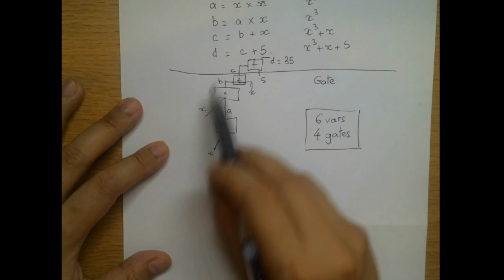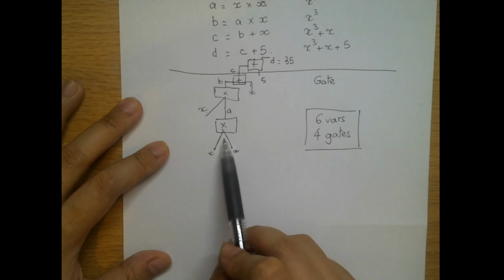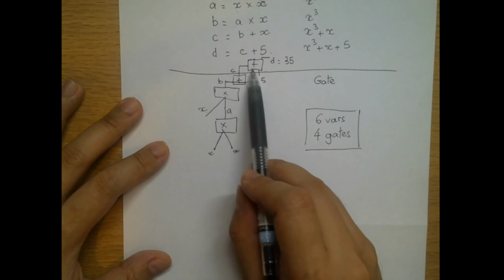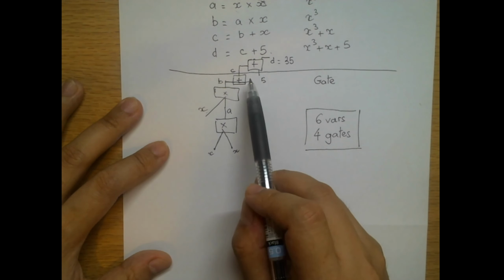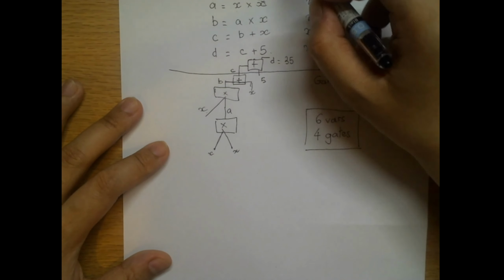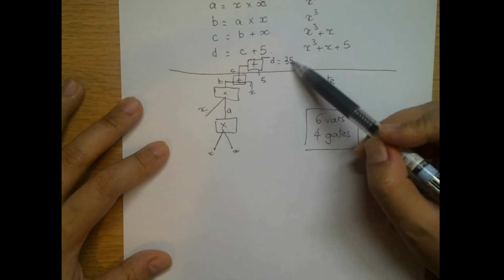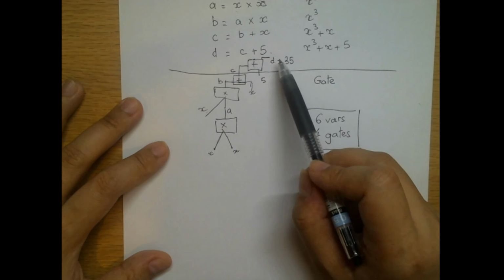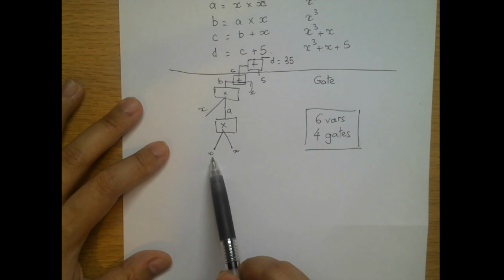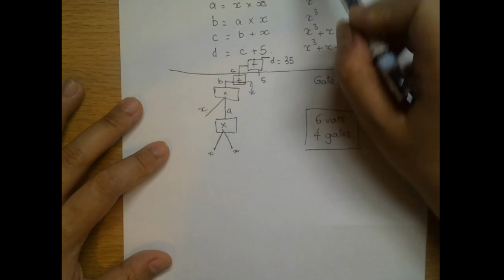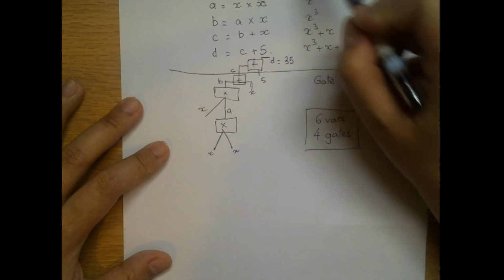If you follow this circuit, you have done this particular calculation, and then the constraint at the end is where you say that your input, your x, is the solution that you're looking for. Yes, it's 35.